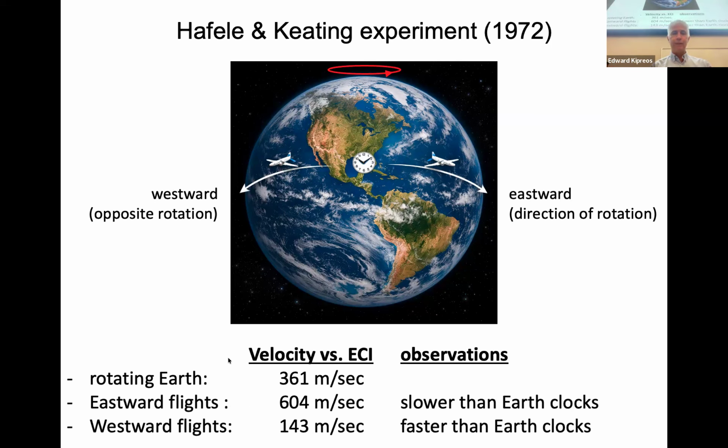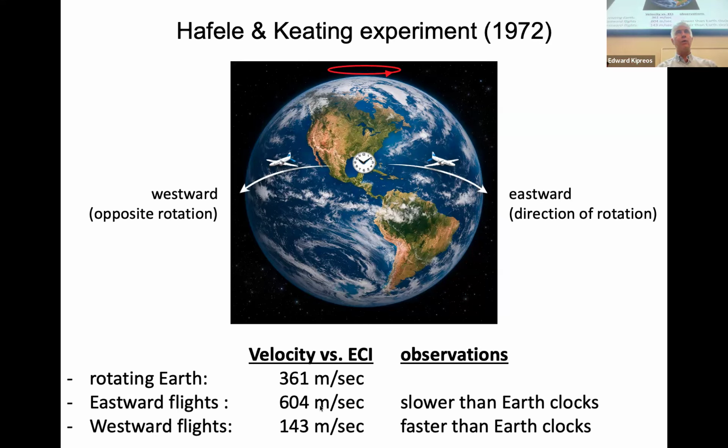And so what they were calculating was that this time dilation was going to be relative to the ECI, the Earth-centered inertial reference frame. And keep in mind, the Earth itself has a velocity as it rotates relative to the ECI. So the Earth's velocity for their experiment was 361 meters per second relative to the ECI.